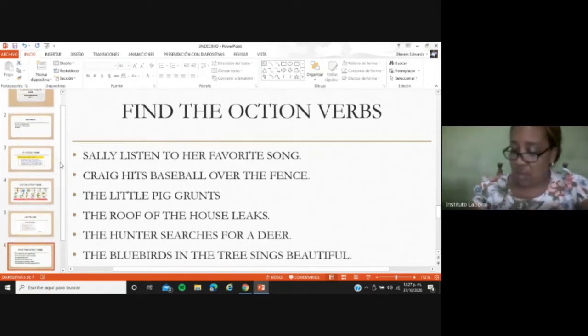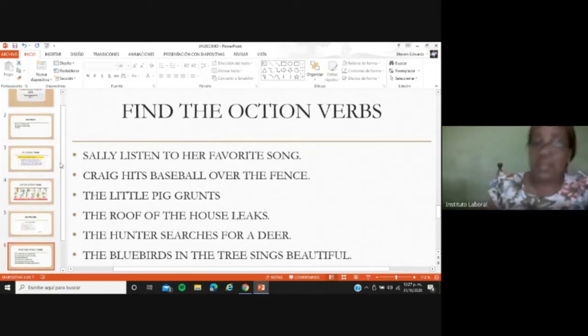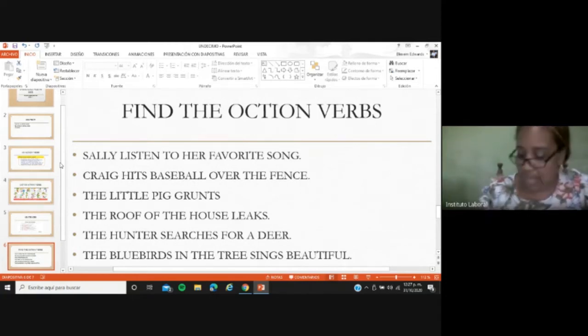If you see in the module, on page 17, we have examples of action verbs, and in each one you have to underline. Ahí en cada acción del verbo ustedes tenían que subrayar la acción.